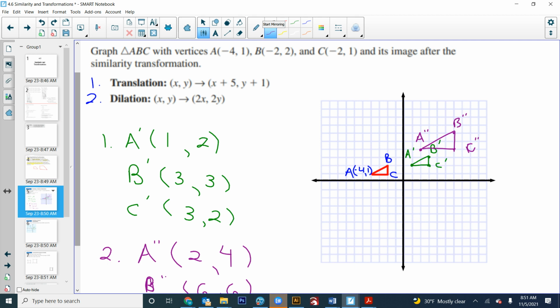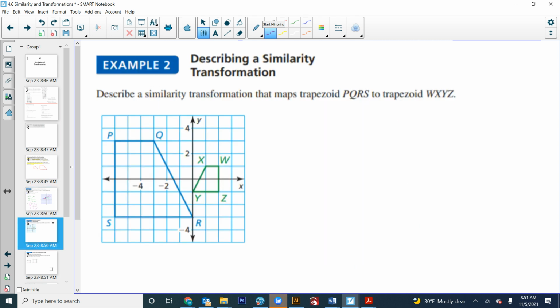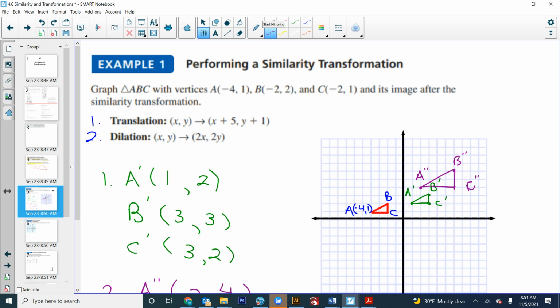All right. Next one. I want you to think about this for a minute. Check in. Explain the difference between each pair of vocabulary terms. 1. Congruent figures and similar figures. Who can raise a hand and tell me the difference?